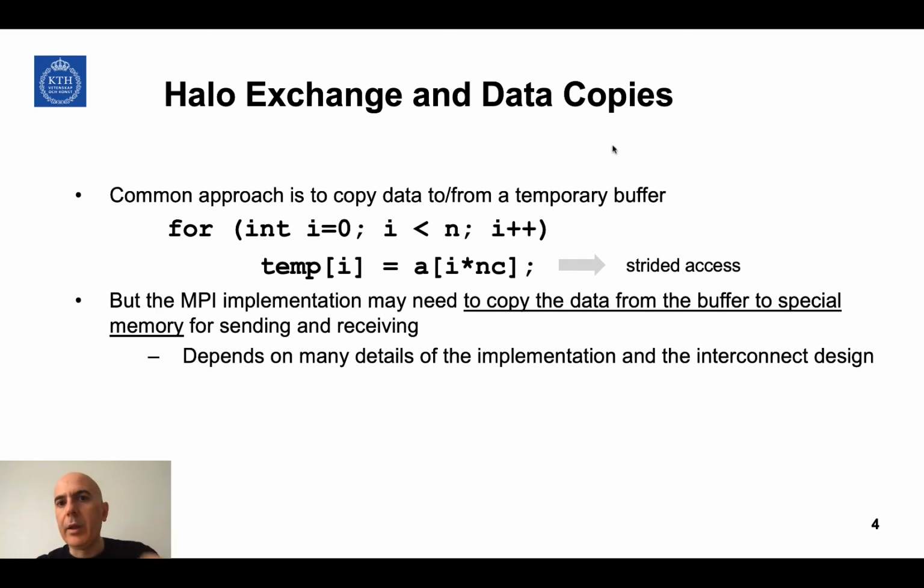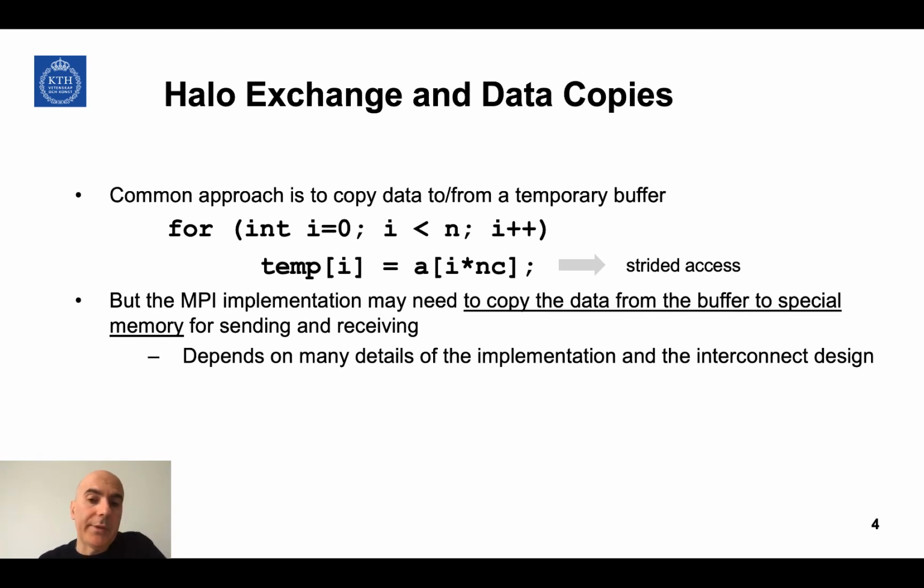One of the problems with this is performance. The MPI implementation, on top of this extra copy to the user buffer, might need to copy the data from the buffer to a special memory, that is the internal MPI buffer for sending and receiving. Of course, this depends on many details of the MPI implementation and on the interconnect design.